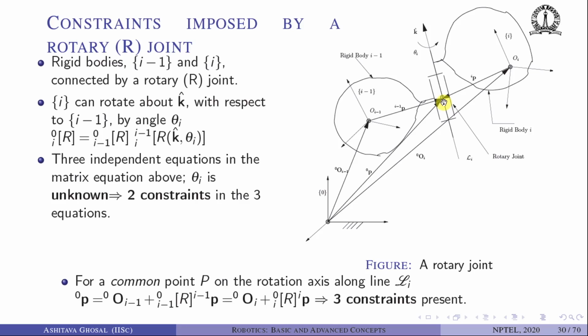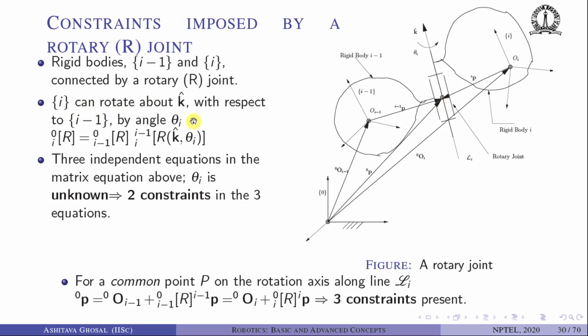So we want to know what are the 5 constraints which are imposed by this revolute joint when connecting two rigid bodies I minus 1 and I. So first thing that we can see is this rigid body I can rotate about k with respect to I minus 1.